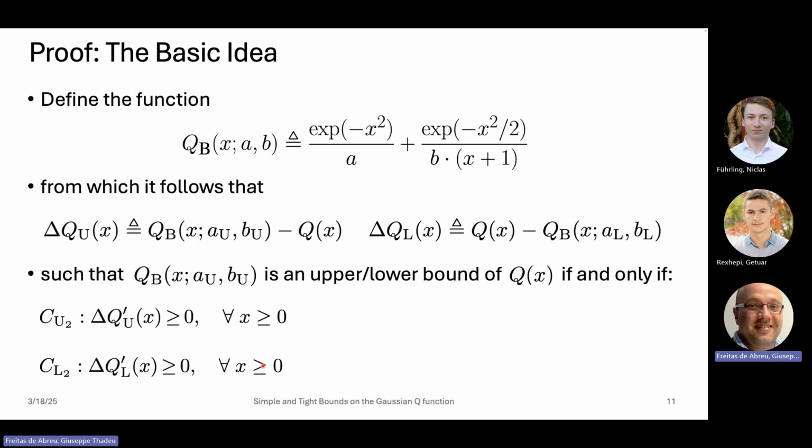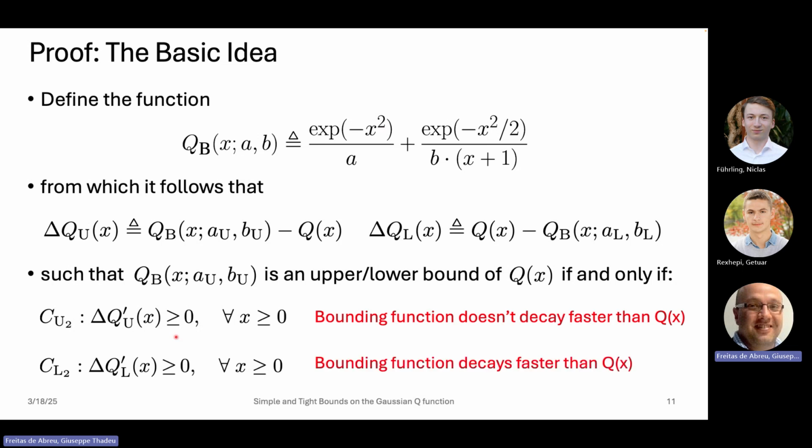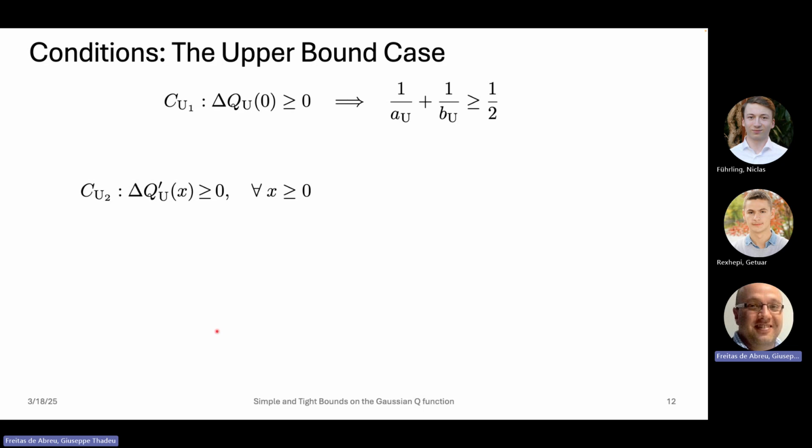Now, the other condition is that beyond this point, if you're upper bounding and you start from above, you want to make sure that you decay less fast than the Q of x itself. And so if you start from above and your decay is lower, then you cannot go below. And vice versa, if you start from below and you decay faster, then you also cannot go above. That is the basic idea.